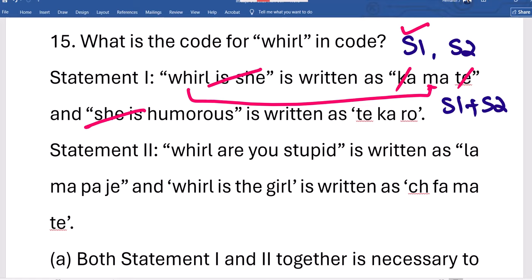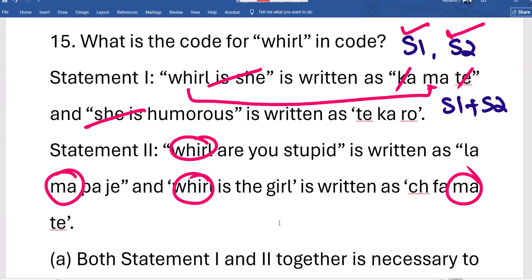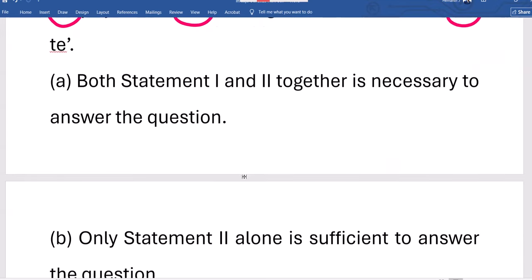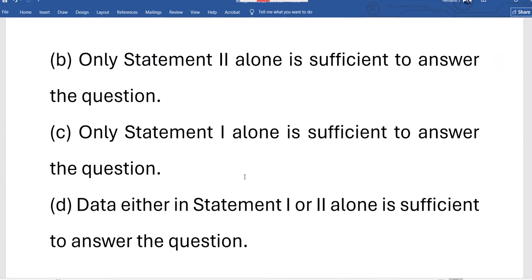Now what about two alone? In the first two, the common is there and the common is MA here. So two alone is also okay. The answer is not both statements together, but either one or two alone.